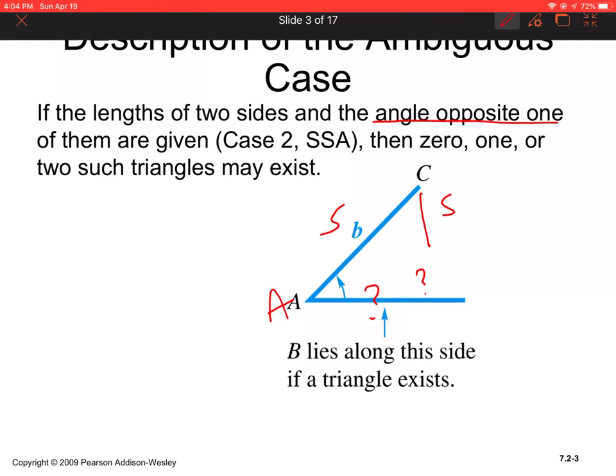Does angle B lie along that third side if that third side is possible? What we're going to find out is it may not exist. You may not have such a triangle, or you can only have exactly one triangle, or there may be two triangles that may exist. Let's look at the conditions that determine whether there's none, one, or two possible triangles.